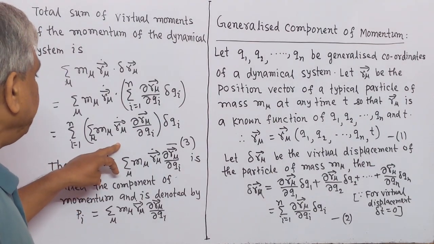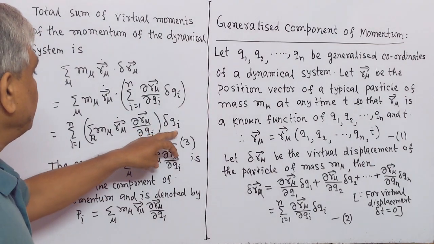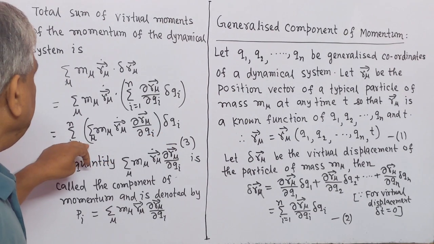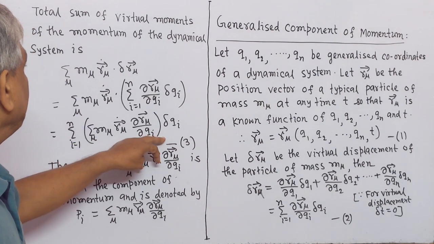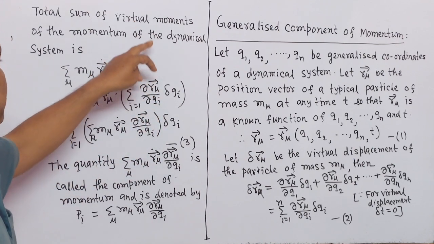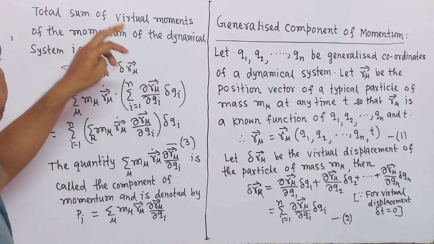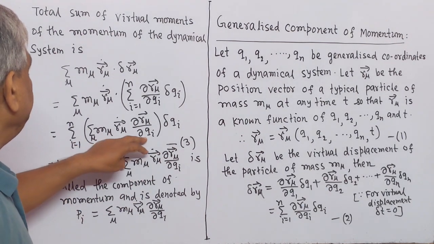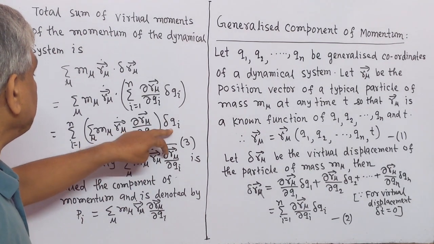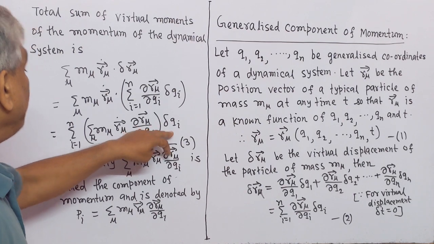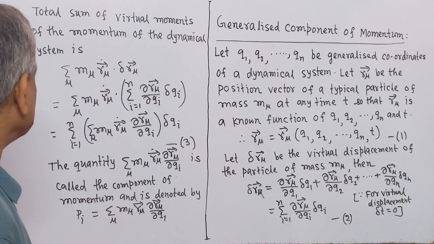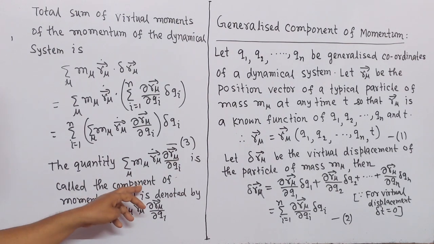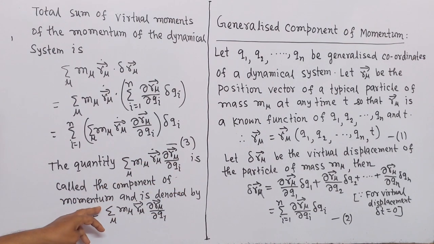Here we see that delta qi is the generalized displacement and the whole quantity is the virtual moments of the momentum. So momentum multiplied by displacement is the moment of momentum.